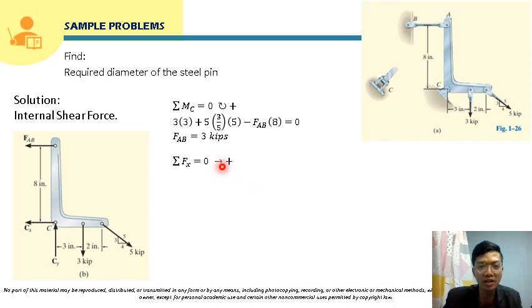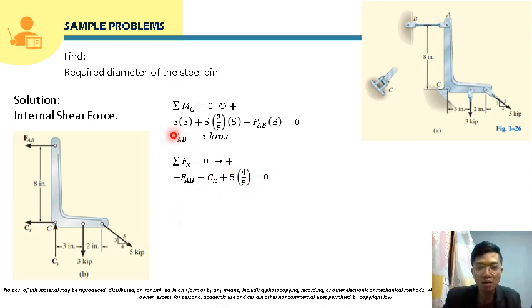Since we already solved for FAB, we are solving for Cx, that's the unknown here. So this will be negative FAB minus Cx plus, there is also a horizontal component for this, so this will be 5 times 4 over 5, is equal to 0.